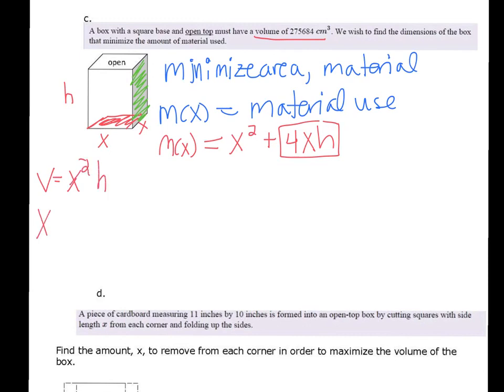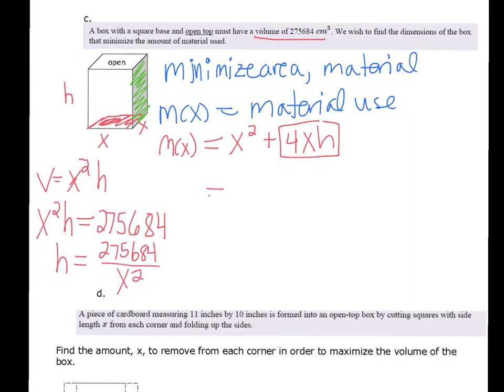Well, then that x squared times h is equal to 275,684. Aha! From there I can solve for h, and I get that h is equal to 275,684 divided by x squared.